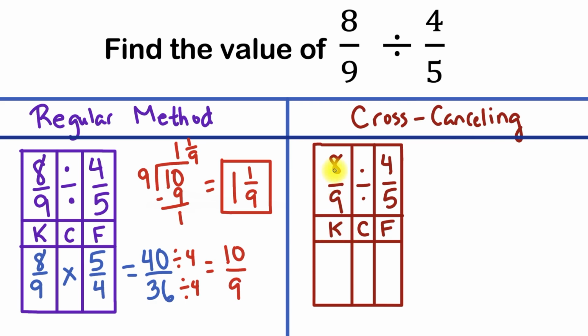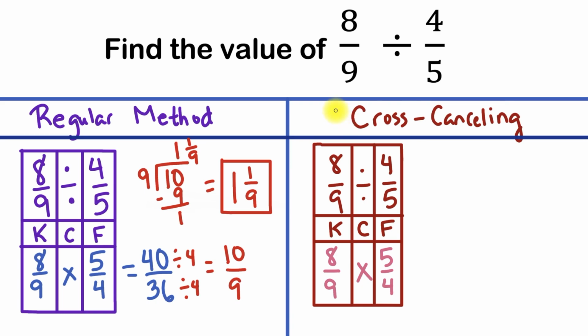So I'm going to keep 8 over 9 exactly the way it is. I'm going to change the division into multiplication. And then this 4 over 5 is going to get flipped. So the top will become the bottom, and the bottom will become the top. So 4 over 5 will flip to become 5 over 4.